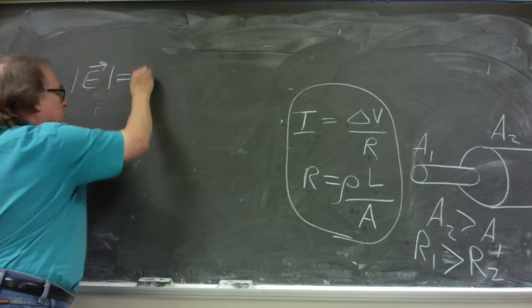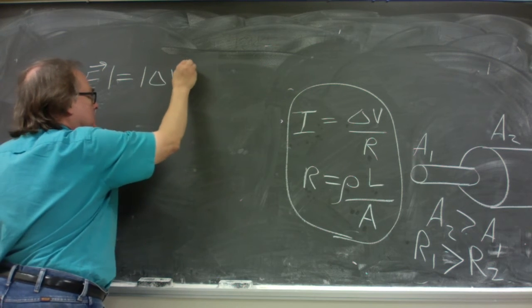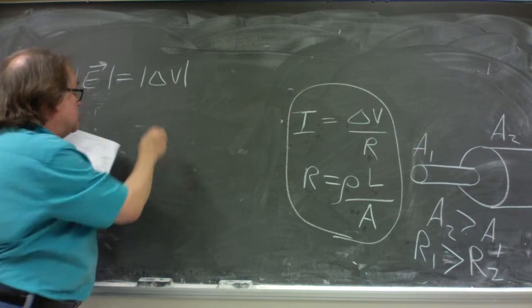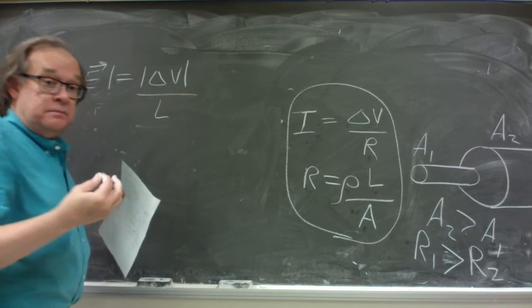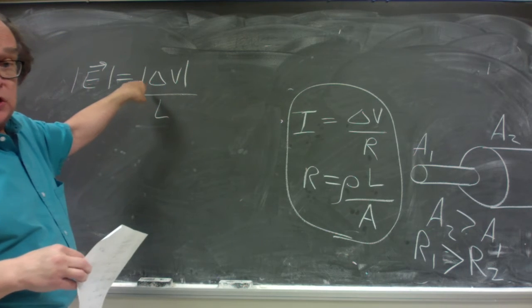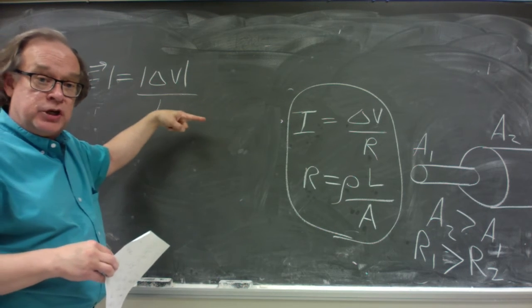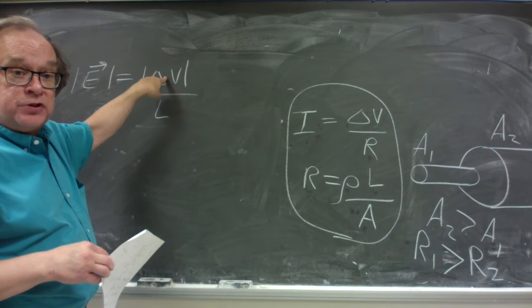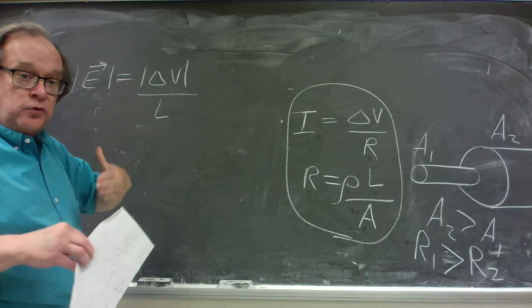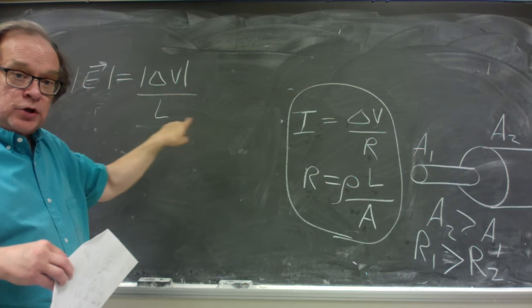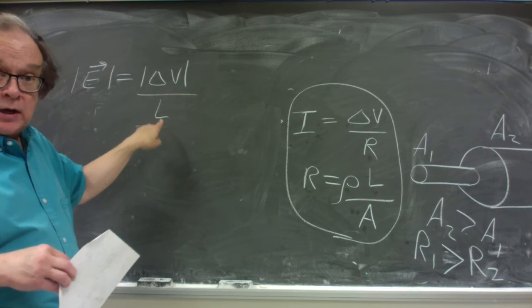Magnitude of field equals magnitude of a potential change divided by the distance between the points that have those different potential changes. Like this many volts of potential change if you move from one point to another point that's L meters away.